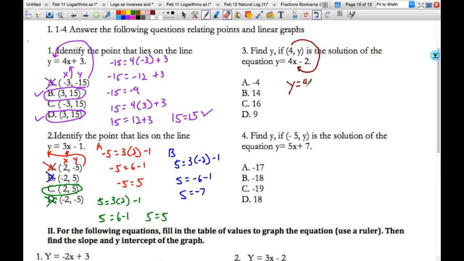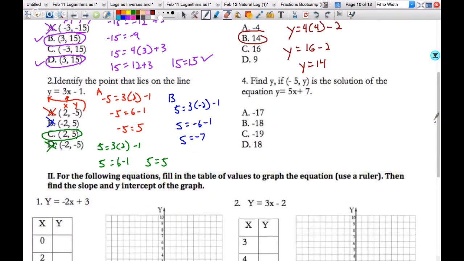So it's just y equals 4 times 4 minus 2. And now I can just simplify this. 16 minus 2, y equals 14. I've got a value for y. It's in my list of answers, so that's a really good sign that I did it correctly.